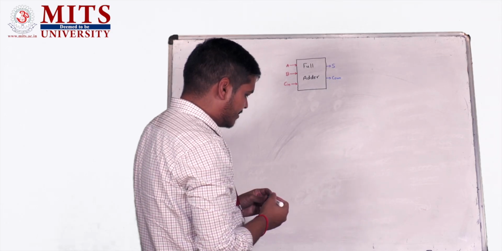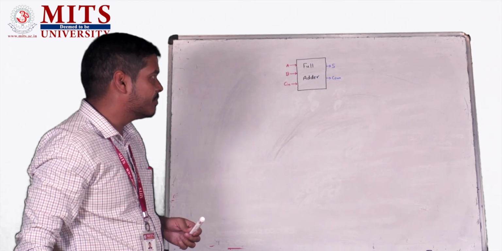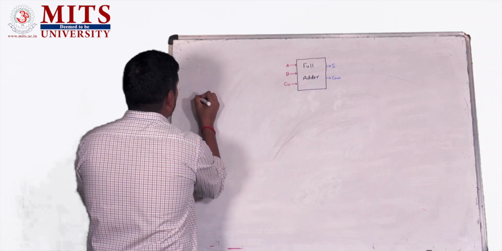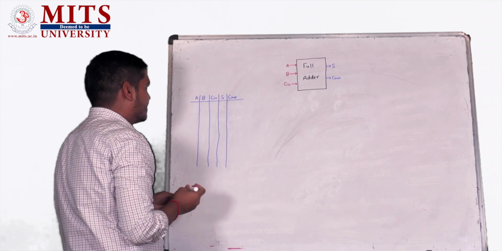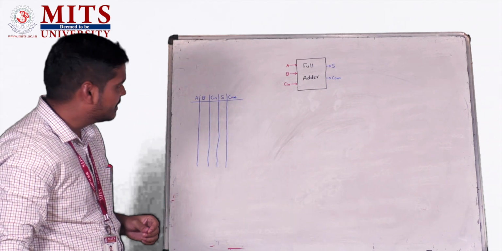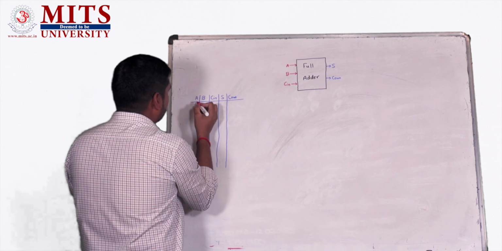So the truth table, for 3 inputs, will have a total of 8 combinations. So let us explore all the combinations here. These 3 are the inputs, A, B, C in, and S and C out are the outputs. So all the combinations we will mention here.